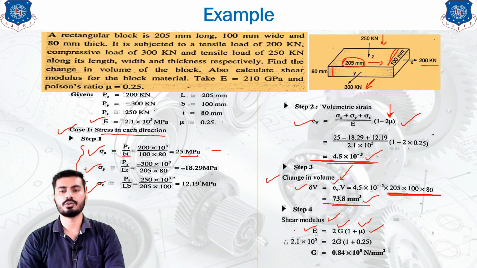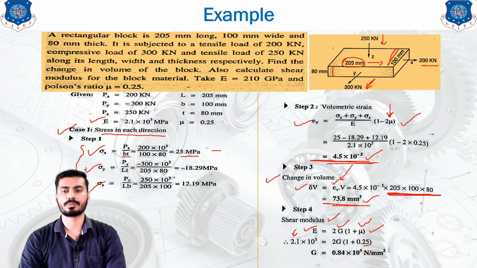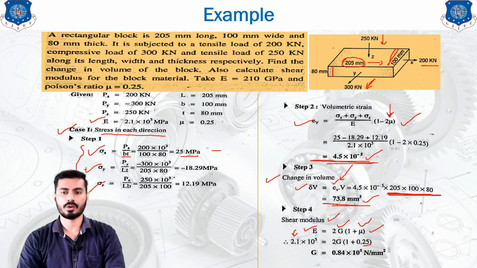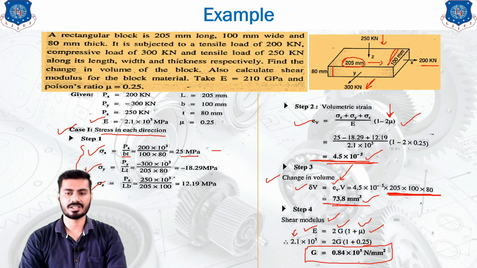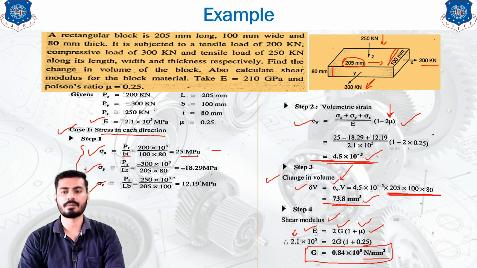If you enter the value of E and the value of mu, both given in the given data, then the only unknown in this equation is G. So the G value can also be found. The unit of G, the shear modulus, will be Newton per mm square.